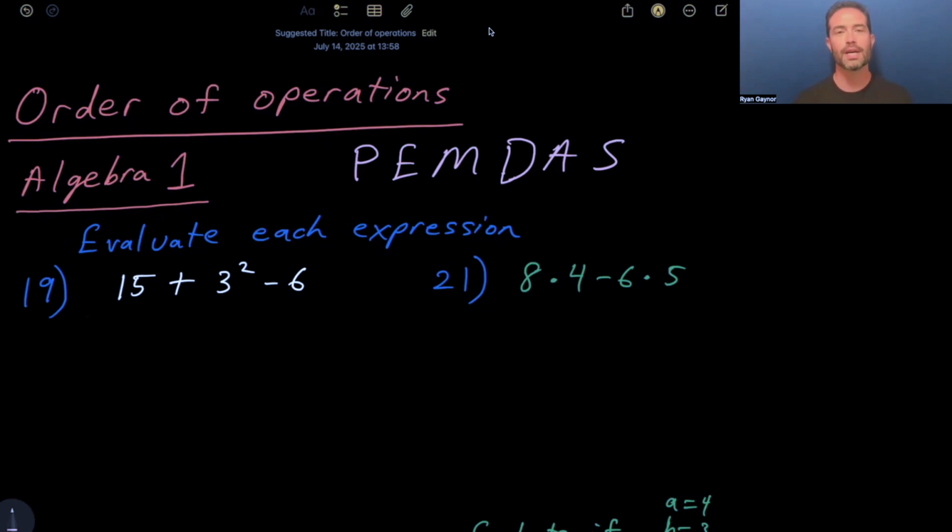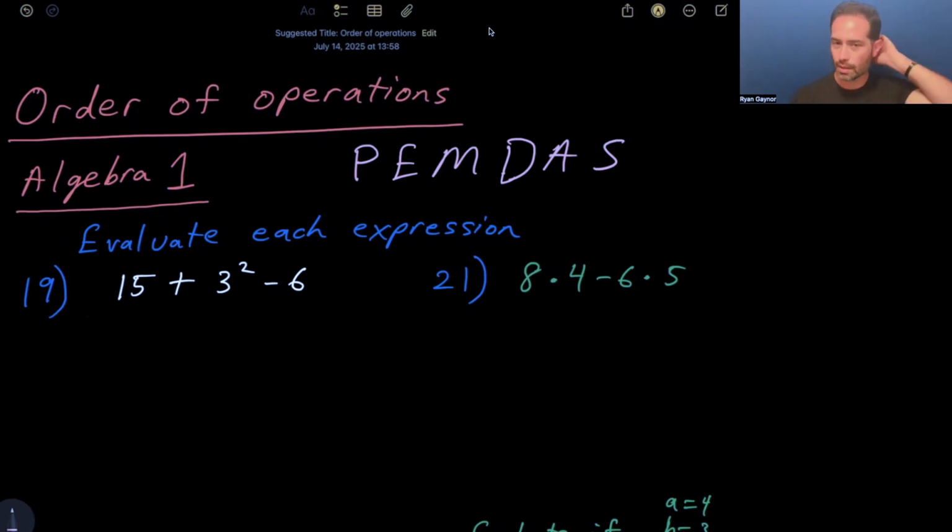Then we have A, which is addition, and then S for subtraction. Again, A and S go together. If you have both, I strongly advise you to go left to right, just so you don't make any mistakes.